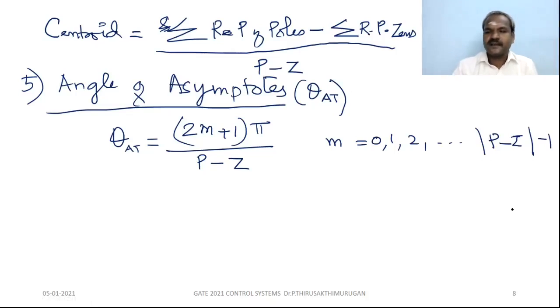Up to this, we have to substitute the m values 0, 1, 2, 3, etc.